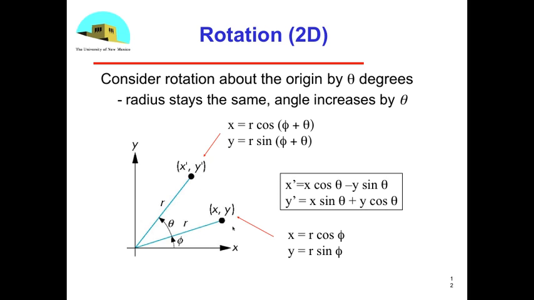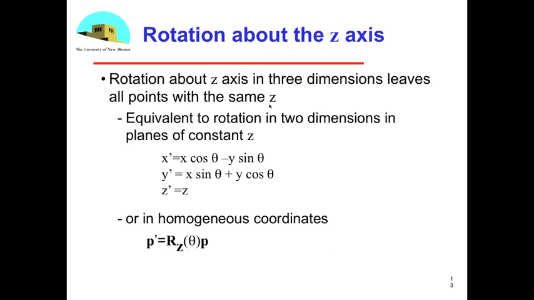When I do this kind of a rotation, all the x, y's maintain their z's. So if this was the same kind of rotation but in another plane of constant z, that value of z would remain unchanged. So in fact, this 2D rotation is really a very special case of a 3D rotation, which is what we see here.